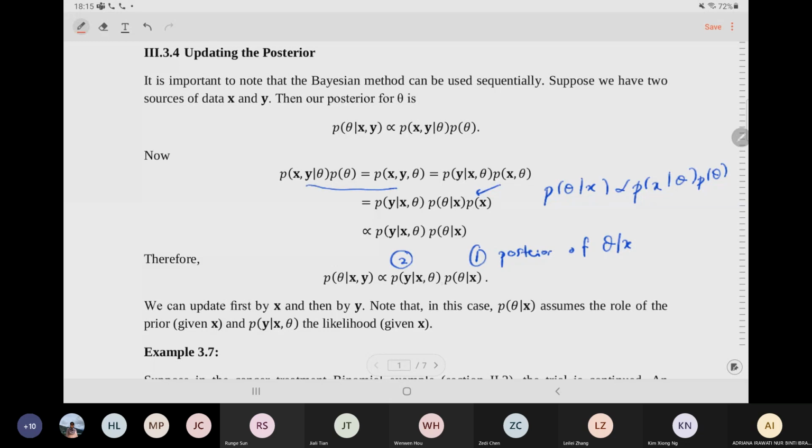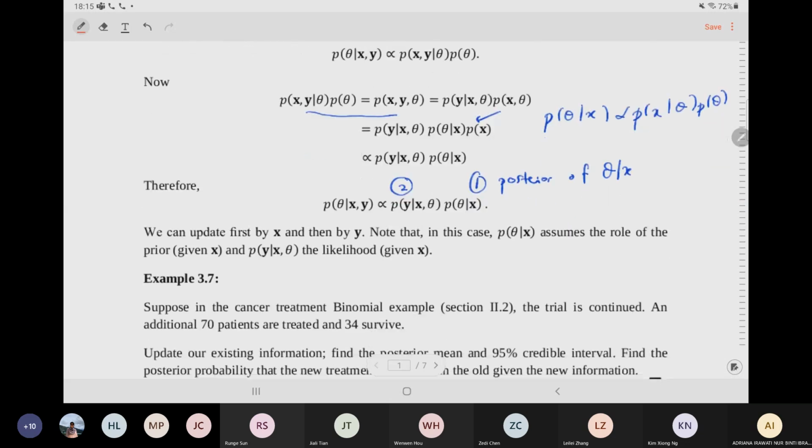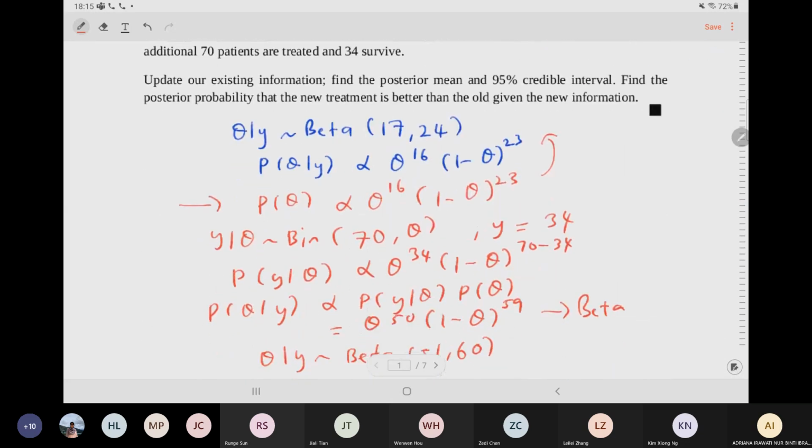For example, if you put the prior as Y, and your new data is Z, then you will have the likelihood of Z given theta and Y, and then theta given Y and Z. Or if you treat it as a new prior, you can just put it as p theta.